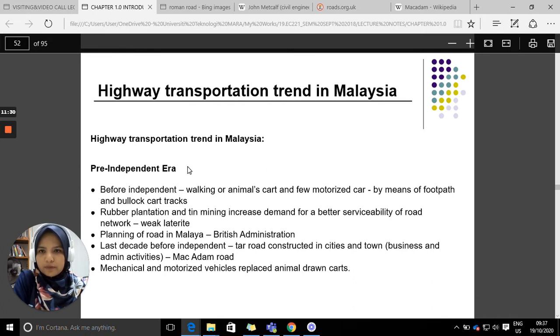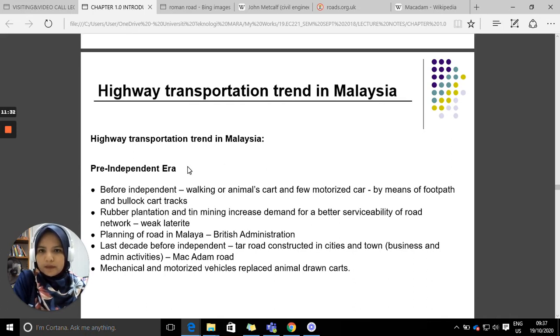Right, before independence and after independence, I think you can even think of how we traveled before the independence era. Alright, during the time, the main economic contribution was from the rubber plantation and tin mining.